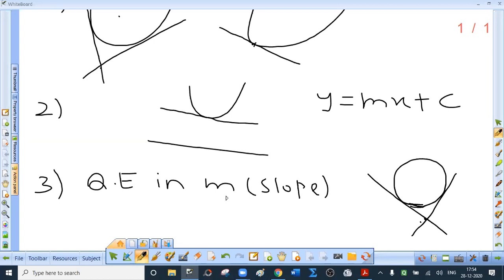Second possibility, delta, that is the discriminant, is 0. So only one tangent can be drawn. Clearly the point has to lie on the curve. What is the third possibility? Discriminant less than 0. So no real tangent can be drawn. Clearly the point has to lie inside the curve. If you consider this curve, it has to lie inside the curve.